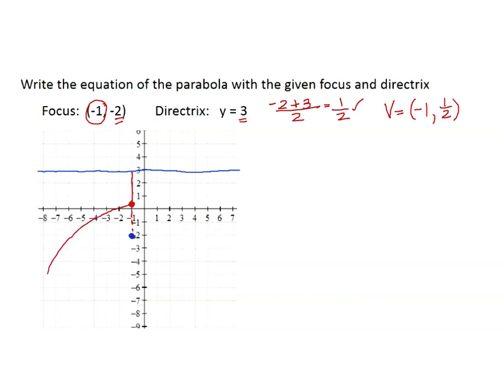So that means the parabola is going to look something like that. But now let's get an equation. So now I need P, because P is what's going to give me the information to get A. So P is this distance right here from either the vertex to the directrix or the vertex to the focus.